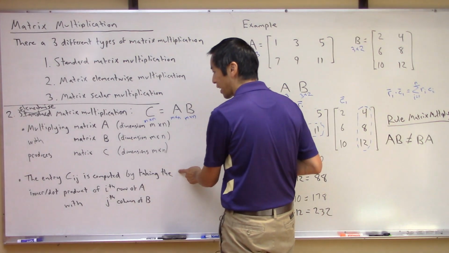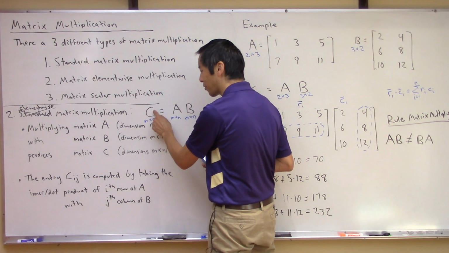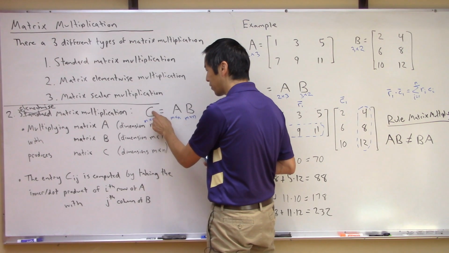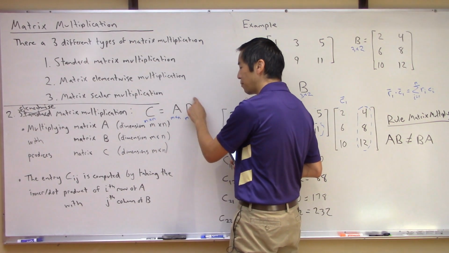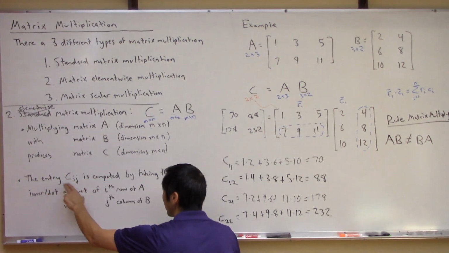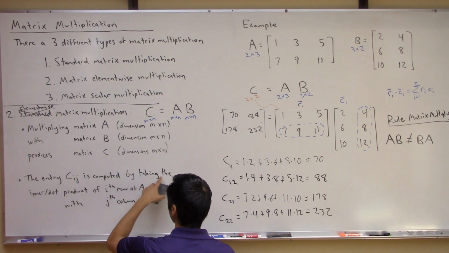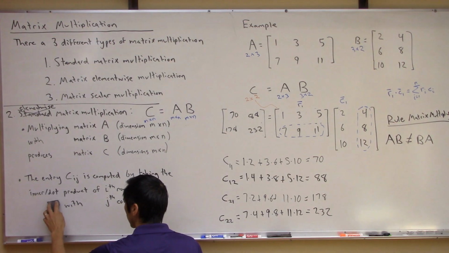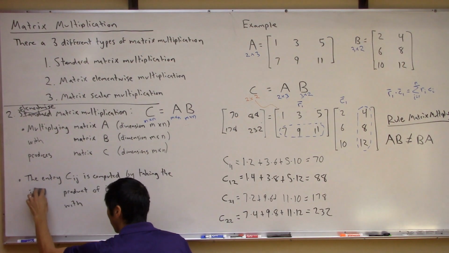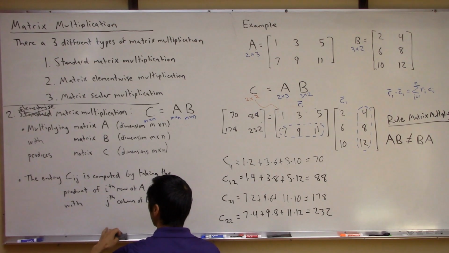Now, let's modify the second bullet of how you obtain the elements of C if you are given elements of A and B matrices, right? So it's really simple. The entry Cij is computed by taking, now it's not the inner dot product, it's the normal product, just a standard multiplication.